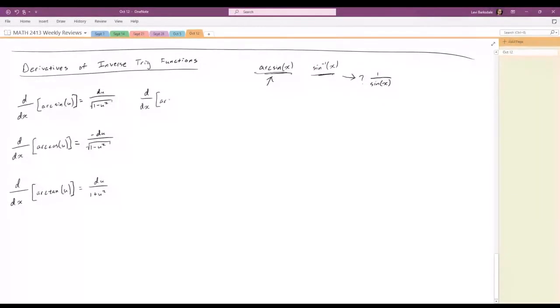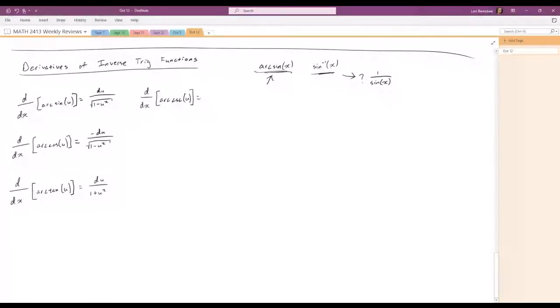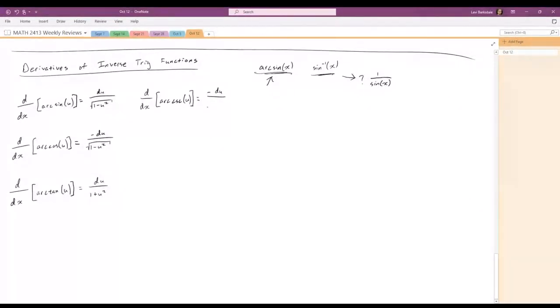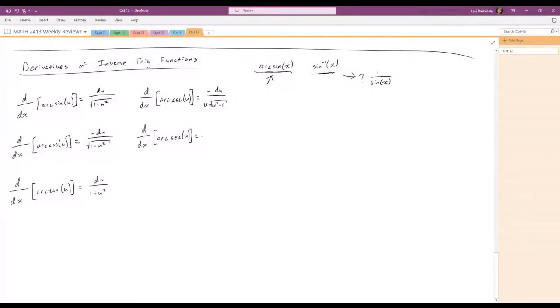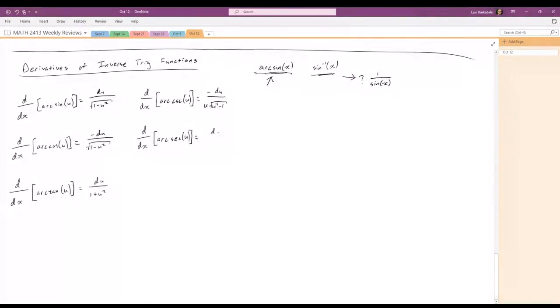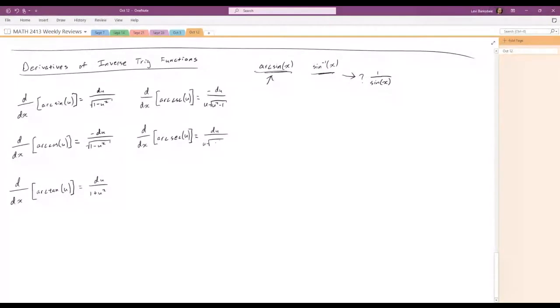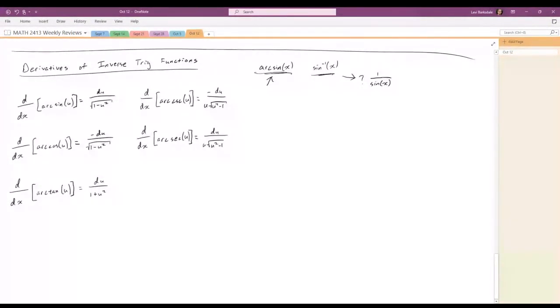Then we would have arc cosecant of u, and this is negative du over u times the square root of u squared minus 1. Next we have arc secant of u, and this is arc cosecant, but we dropped the negative, so du over u times the square root of u squared minus 1.